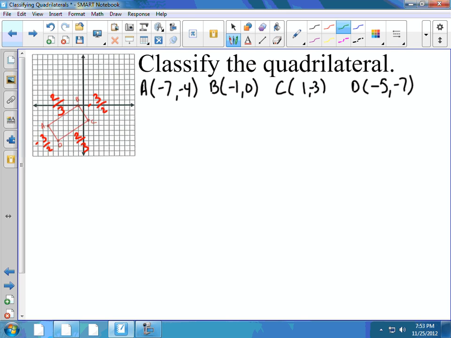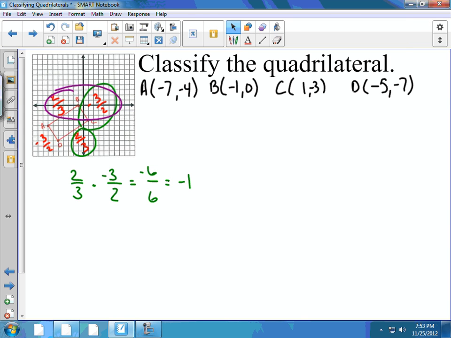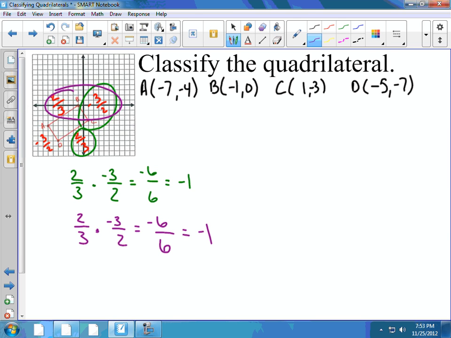If I take a look at my pairs here, I've got 2/3 times -3/2, which gets me -6 over 6, which is -1. I take a look at the next pairing, which is 2/3 times -3/2, which gets us -6 over 6, again, which is -1.